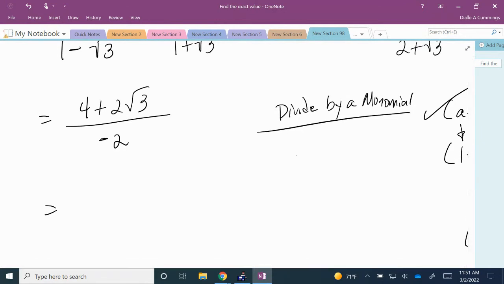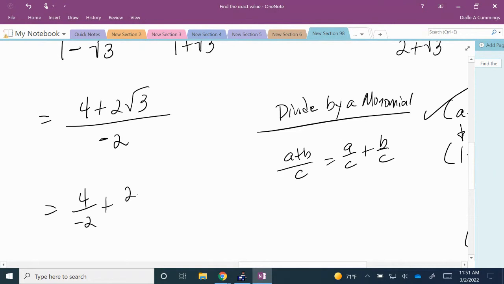The divide by a monomial states that (a plus b) over c is equal to a over c plus b over c. We can rewrite each term having a denominator of negative 2. So I'm going to write this as 4 over negative 2 plus 2 square root of 3 over negative 2.